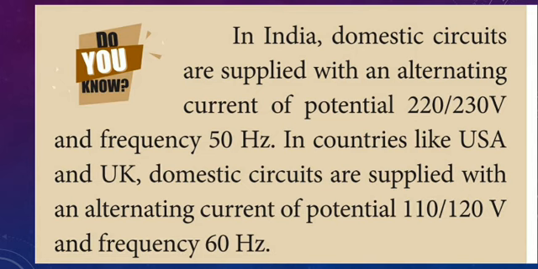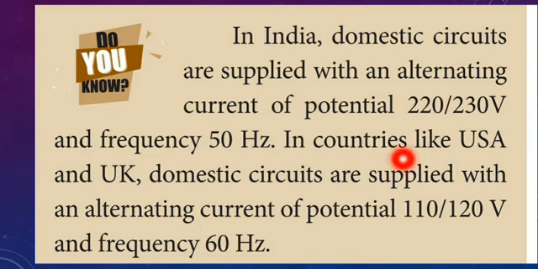Do you know, in our book this information, from this information 1 marks will come. Okay students, see this: in India, domestic circuits are supplied with an alternating current of potential 220 volt to 230 volt, and the frequency of the current is 50 hertz.